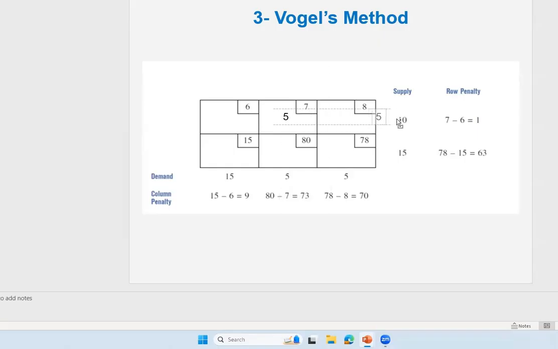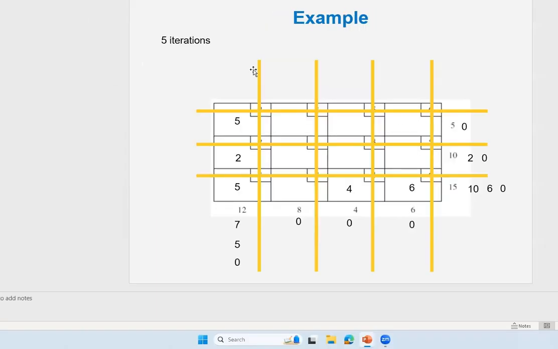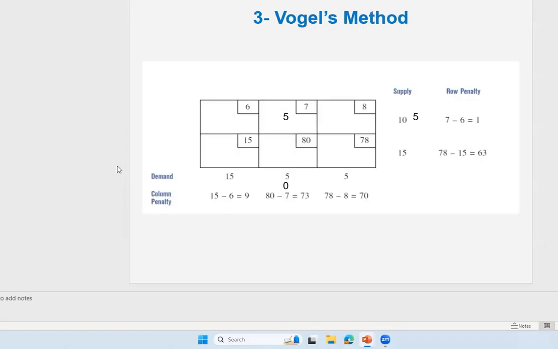Deduct it from these. So this becomes 5. That becomes 0. Delete the column that has 0, so I can get rid of it. Now I have 2 columns left.